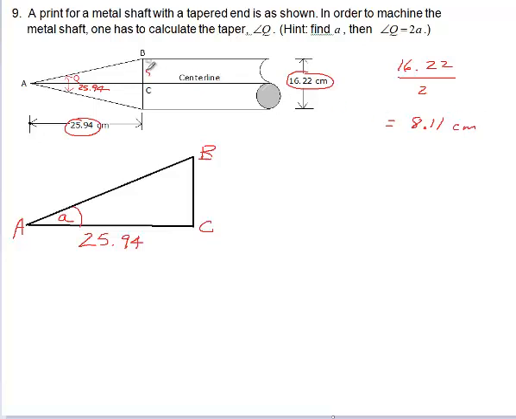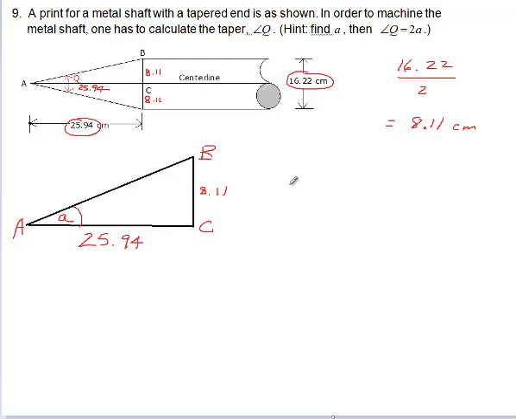That means this piece is 8.11 and this piece is 8.11, giving you a total of 16.22 for both of them. So this is 8.11 right here. Now we can find that small angle A.